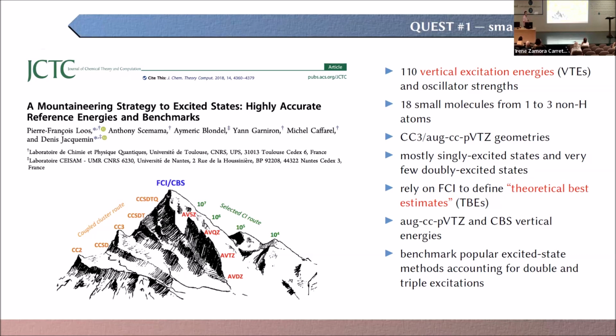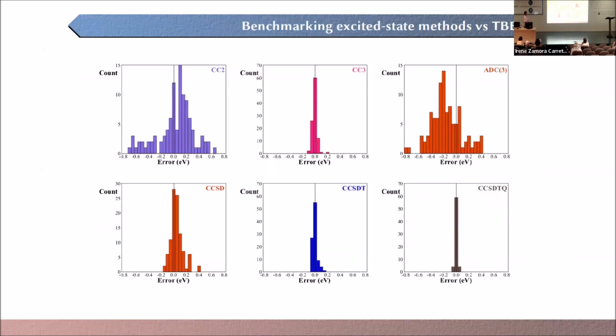We could actually benchmark popular excited state methods with those numbers. For example, if you want to benchmark the coupled cluster methods or ADC(3), you can gauge the quality of those methods and the typical error that you get. When you go to CCSDTQ, you basically have no error.